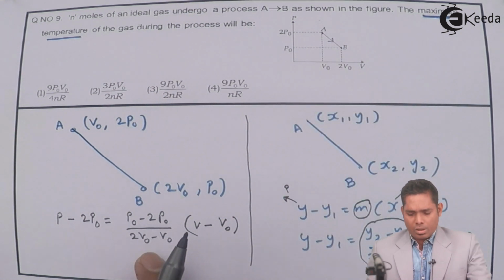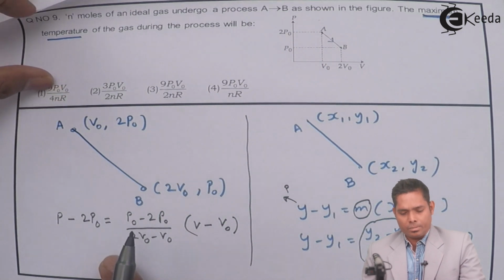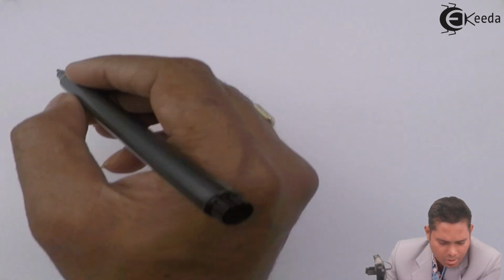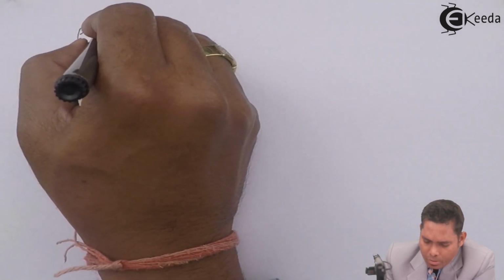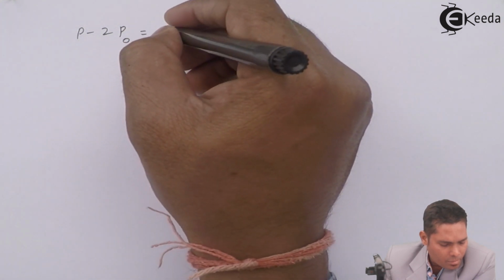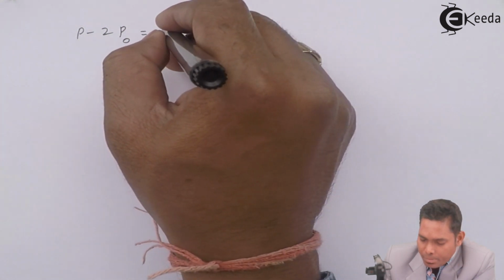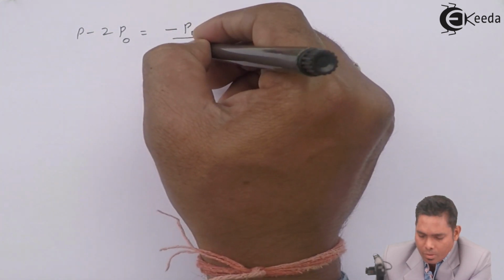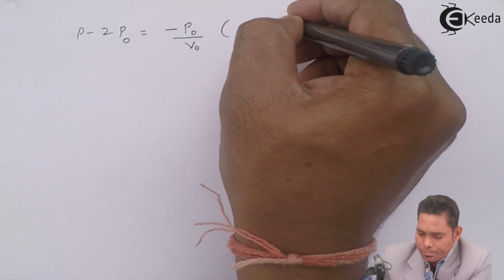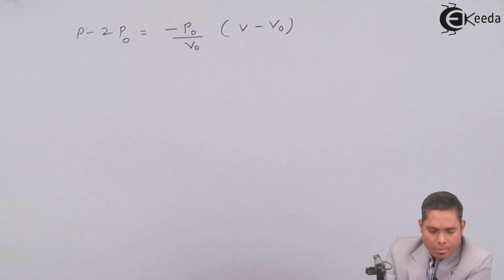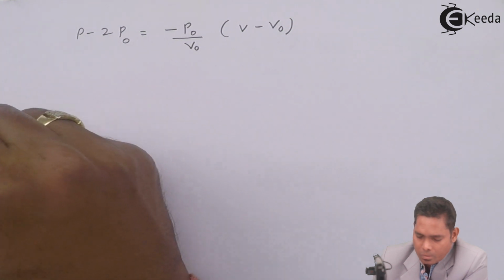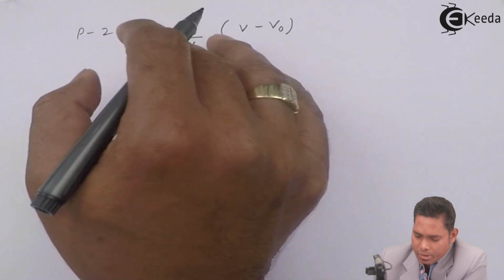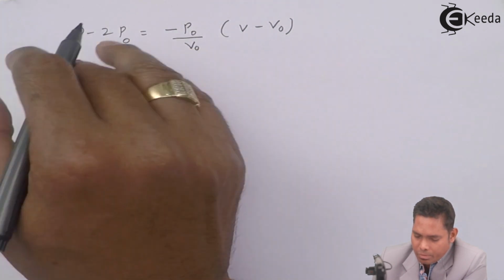Now I have to simplify this and proceed. The equation was P minus 2P0 equals P0 minus 2P0, that is minus P0, divided by 2V0 minus V0, which is V0, into V minus V0. Now I will separate the terms.